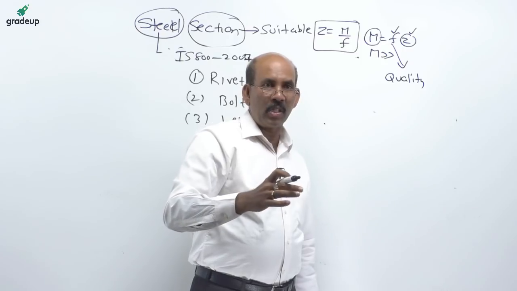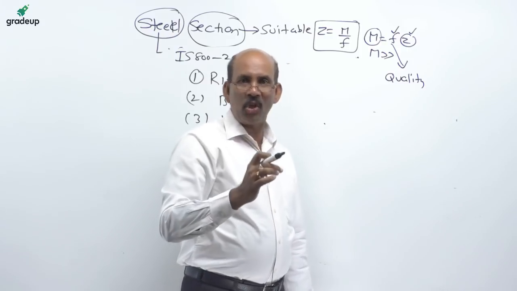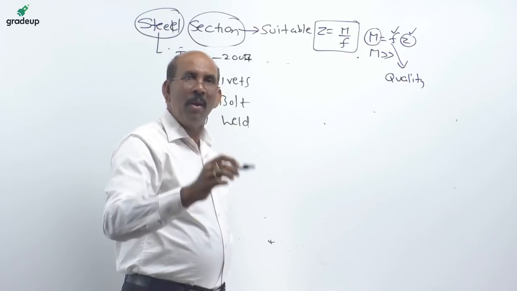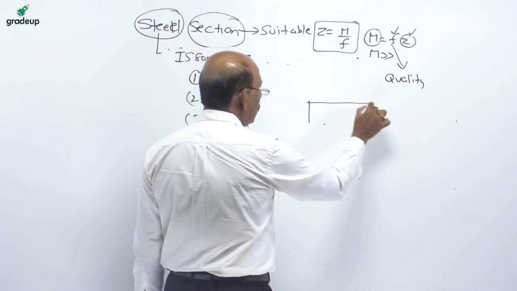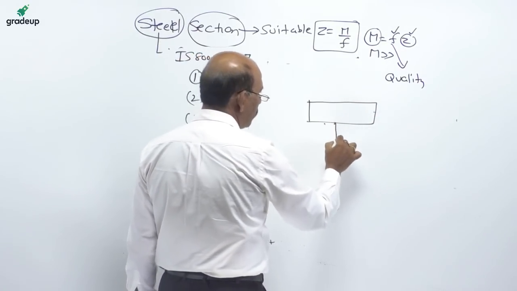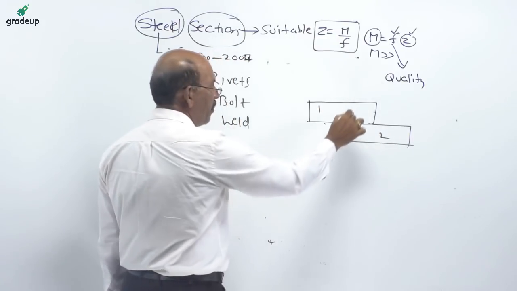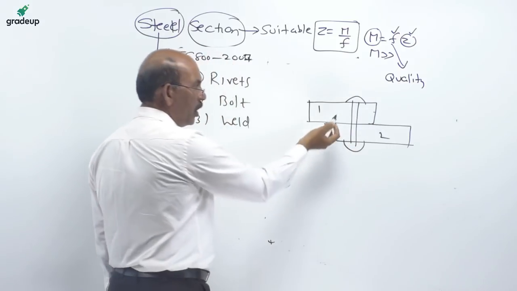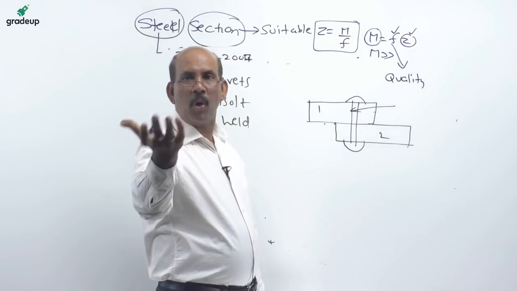the next question, sir, butt joint. I haven't come to Mr. Peregu Sudhir yet, but your question is on the butt joint. When I make it like this, two plates, plate 1 and plate 2, and if I insert this particular one, this is the rivet, either a rivet or bolt or anything.